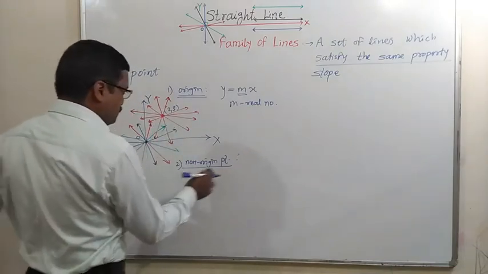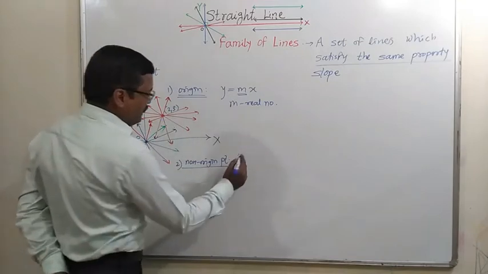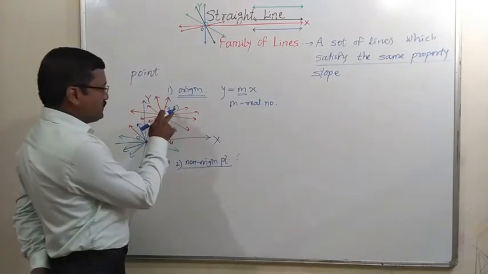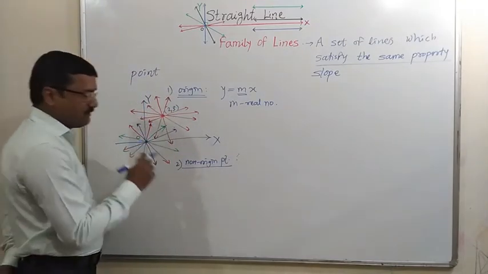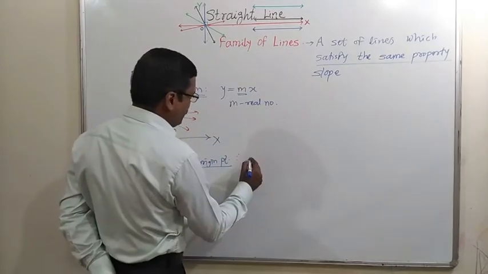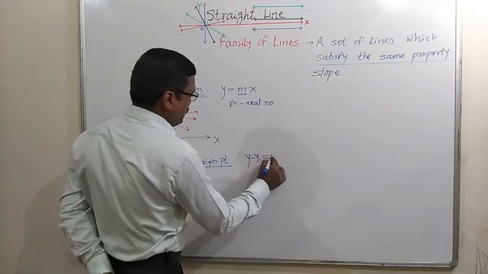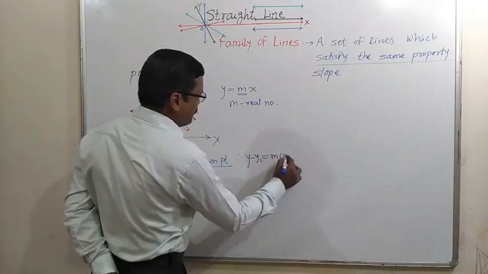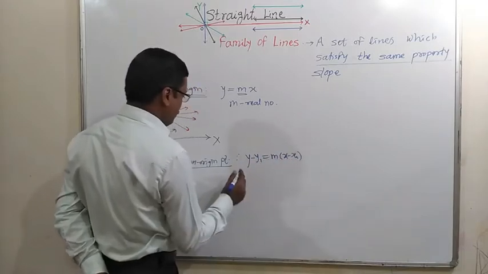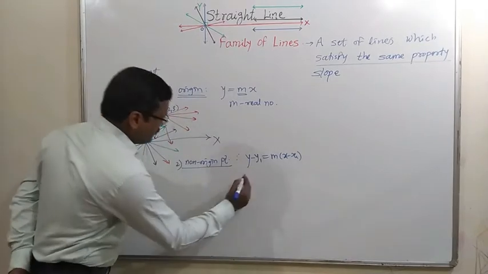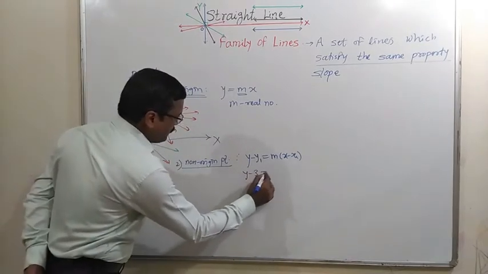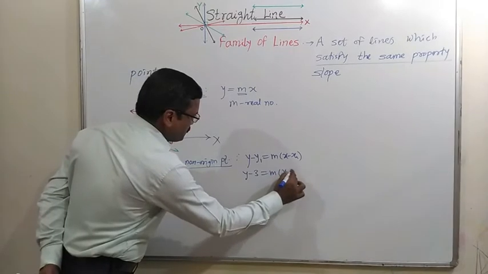Whenever a non-origin point is given, what will be the equation of line here? The slope of line is not given, so we have to consider that slope as m. So the equation will be y minus y1 equal to m into x minus x1. Using this, the equation of line is y minus 3 equal to m into x minus 2.